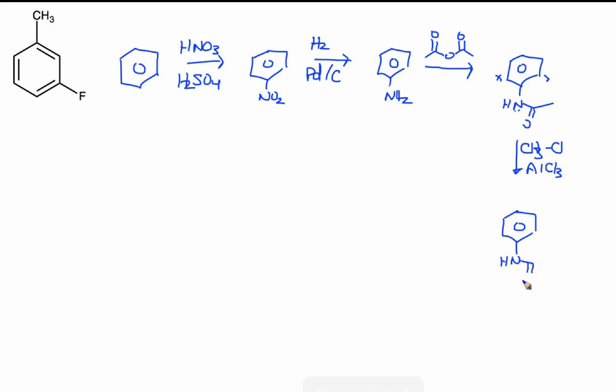So we still have our bulky group. Now we've installed the methyl group at that para position. From here, now we can hydrolyze off that bulky group because we don't need it anymore. Just acid and water.